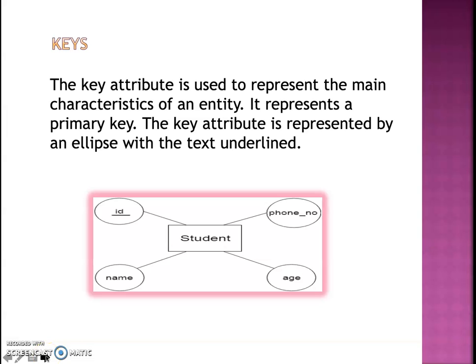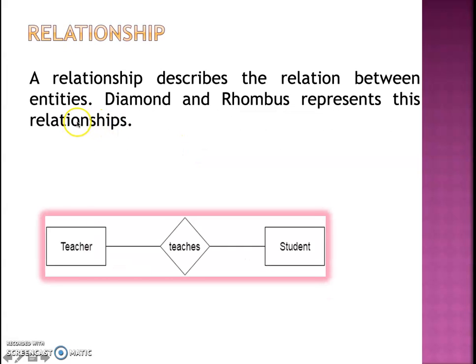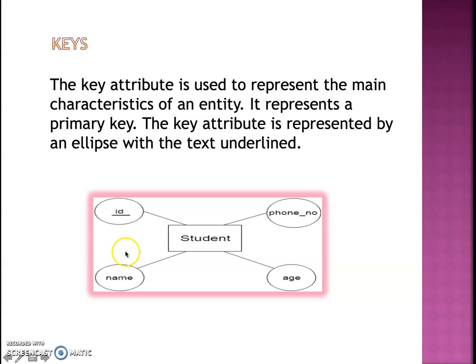Now coming to keys. Keys are very important for every entity because an entity can have so many attributes, but all the attributes cannot be made a primary key. A primary key is one of the important attributes for an entity because it is uniquely defined.